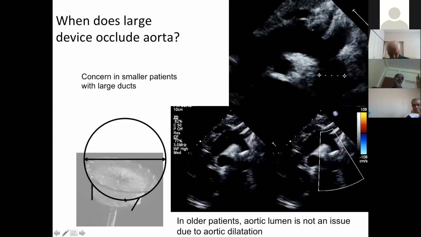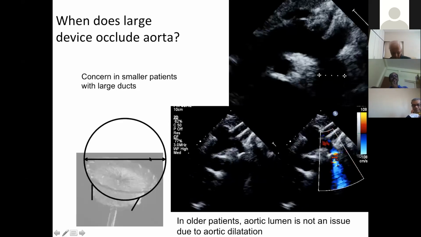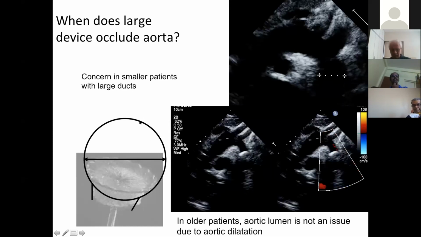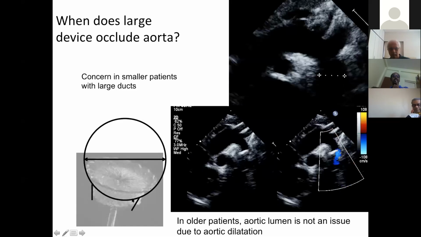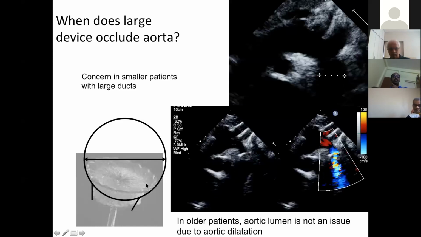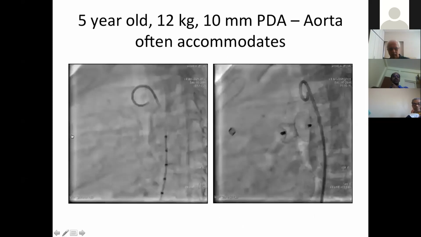One of the methods of assessing what is the largest size that an aorta can take, we need to understand this is the isthmus diameter. The isthmus diameter is measured. The ductus has got an aortic retention skirt. So when you look at, sorry, I'll go back.